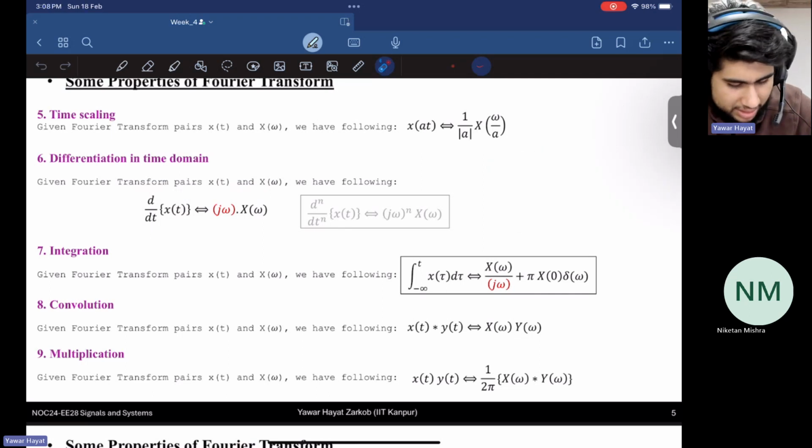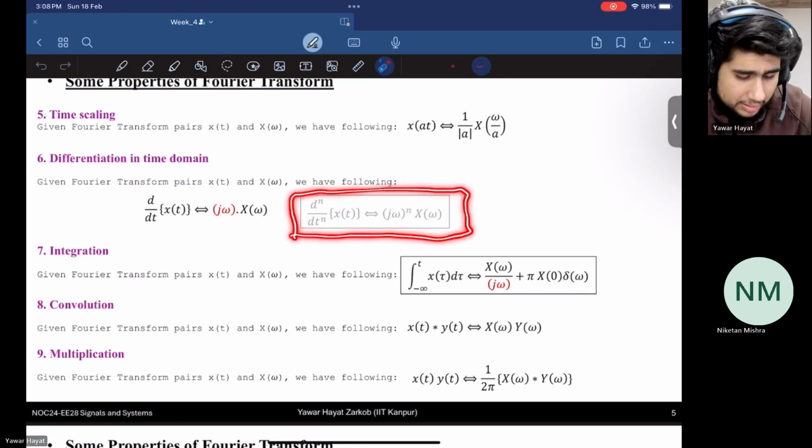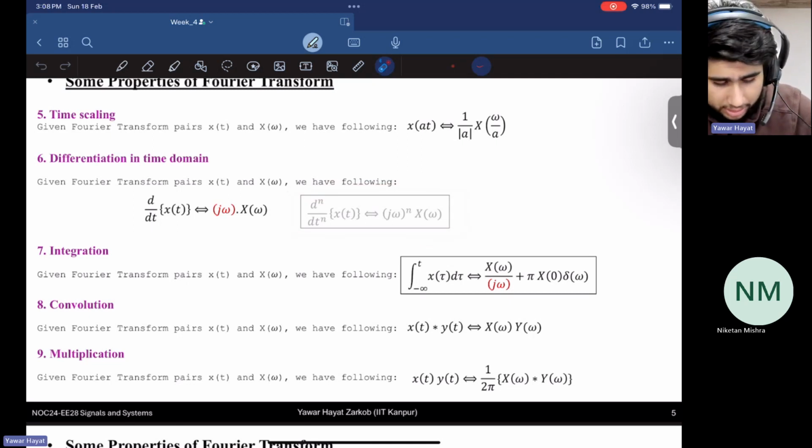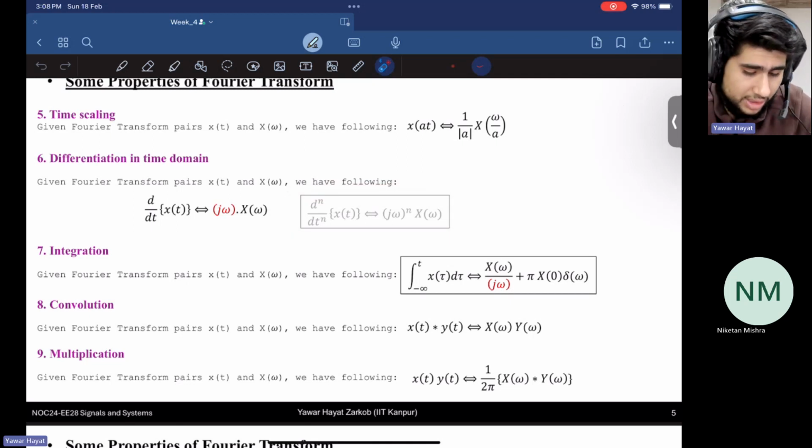And then we can generalize this differentiation in time domain property by the following. That is, this nth order time derivative of this x of t is j omega raised to the power n times x of omega. One can easily see how this generalization comes about, right?